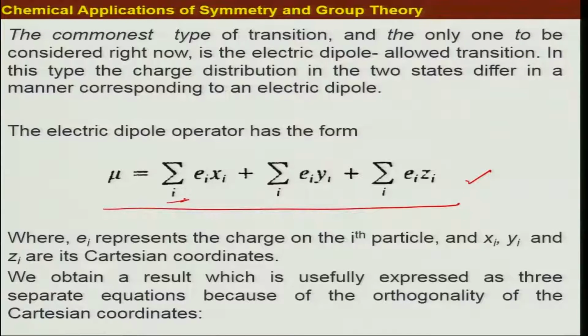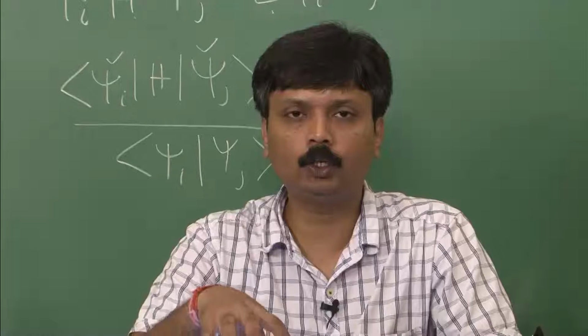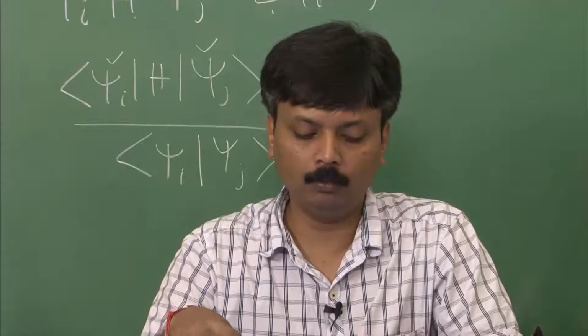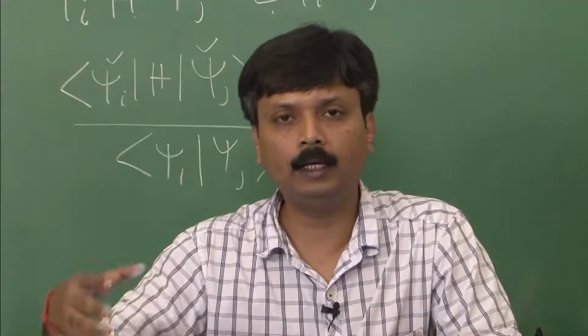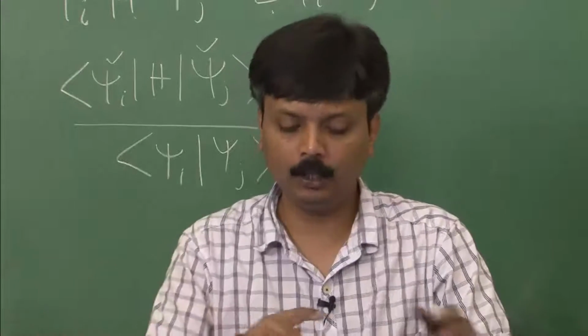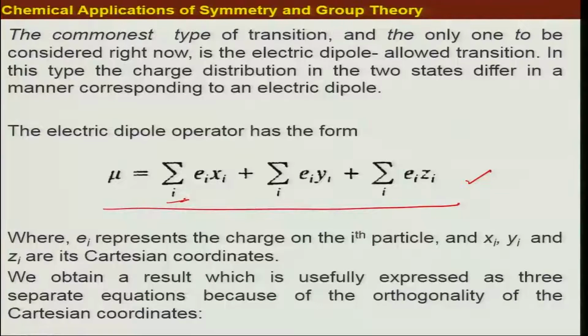This is the beauty of this orthogonal coordinate system x, y, z. Why so? Because I can separate the different contributions of mu along the x, y and z directions, and express them just by the sum of the 3 coordinates, and they are not dependent on each other.